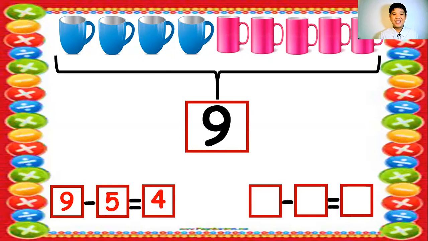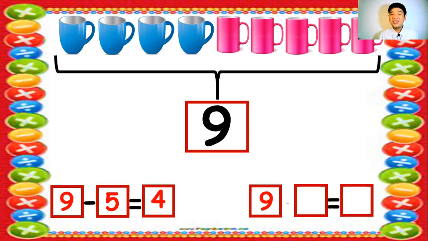All right. Next question. How many pink cups do we have? So we are looking for the number of pink cups or pink mugs. First, what is the number we have to write here? It stands for our minuend. So we have 9. We have 9 cups or 9 mugs.